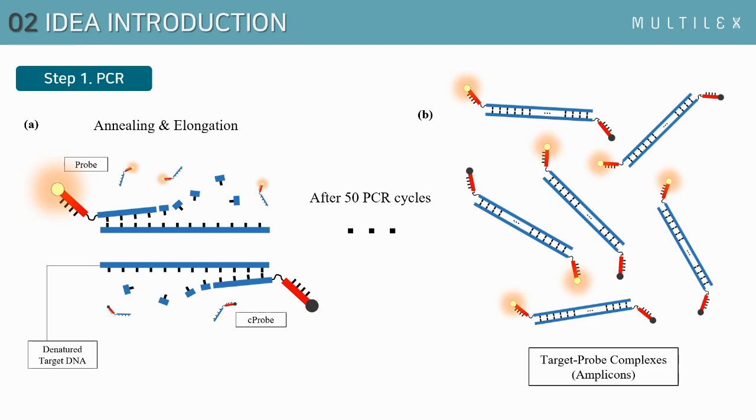Don't forget it. At this time, you can see the signal from the fluorescence. It is because the fluorophore is far from the quencher in this amplicon structure.